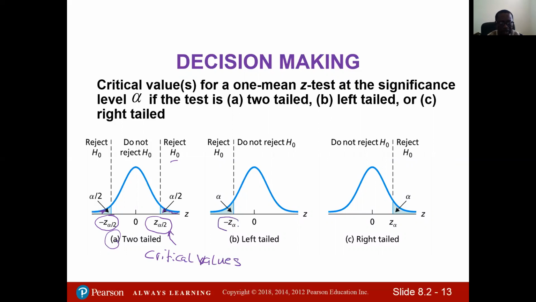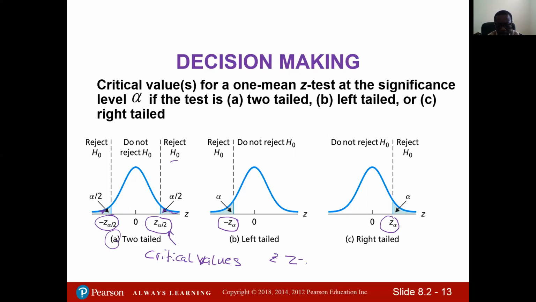Negative Z alpha is the critical value for the left tail, and Z alpha is the critical value for the right tail.